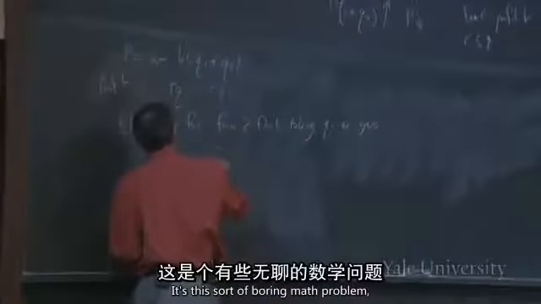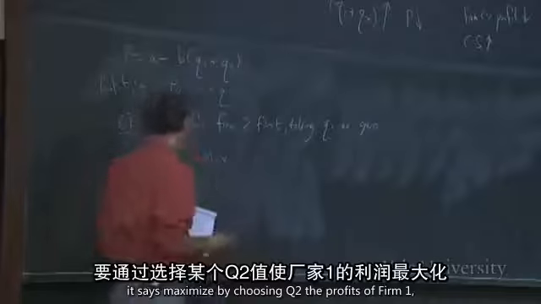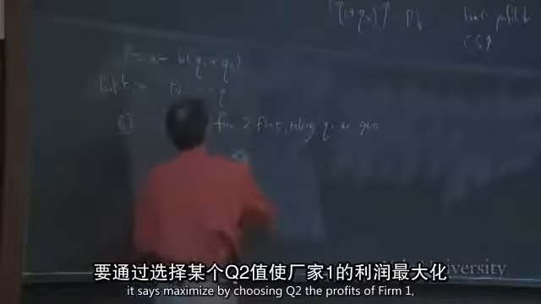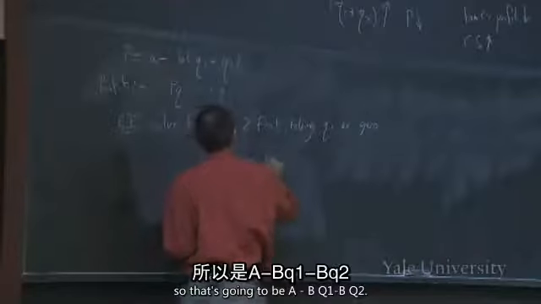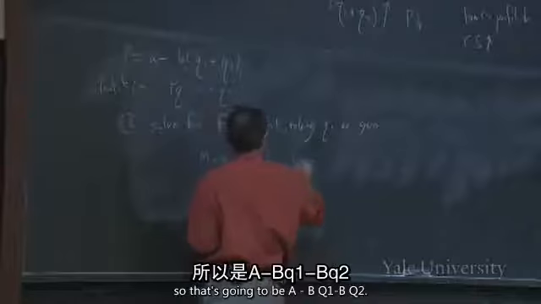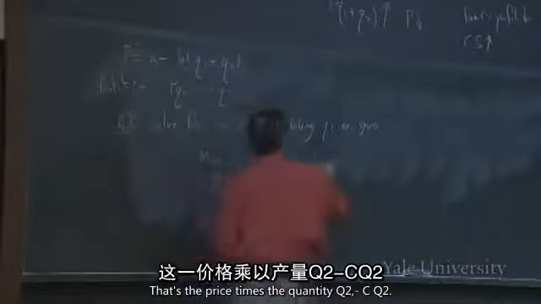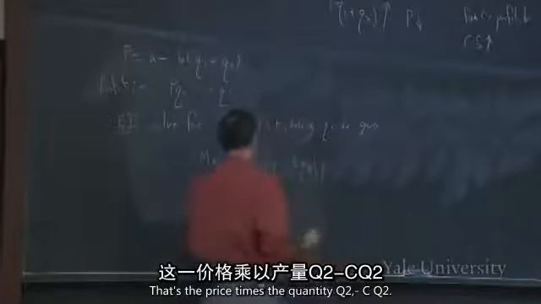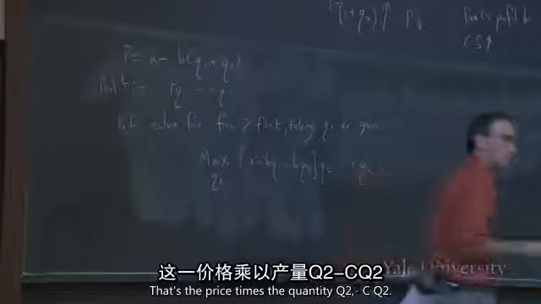And what is that problem? As a sort of boring math problem, it says maximize by choosing Q2 the profits of firm 2. So that's going to be A minus B Q1 minus B Q2, that's the price, times the quantity Q2, minus C Q2.